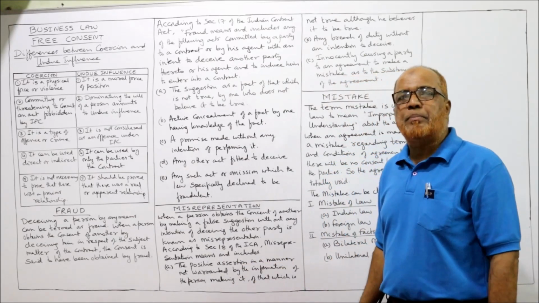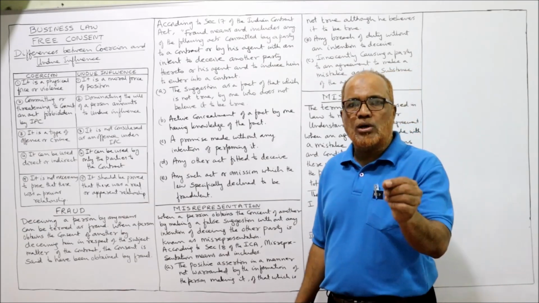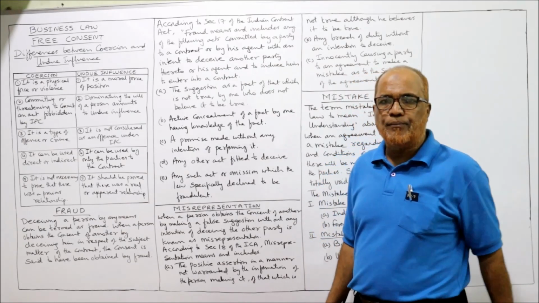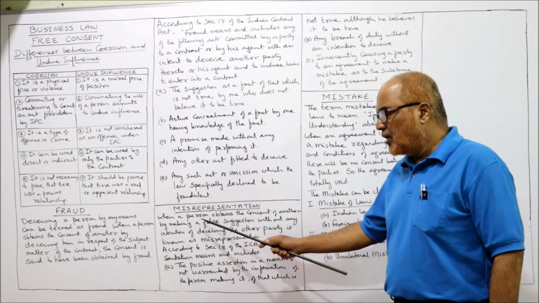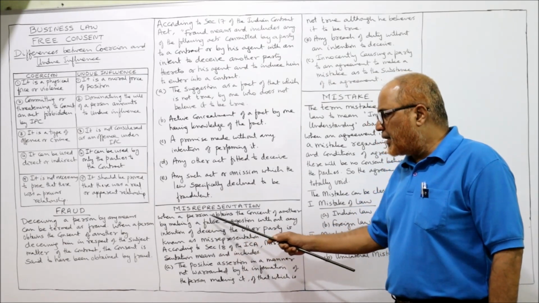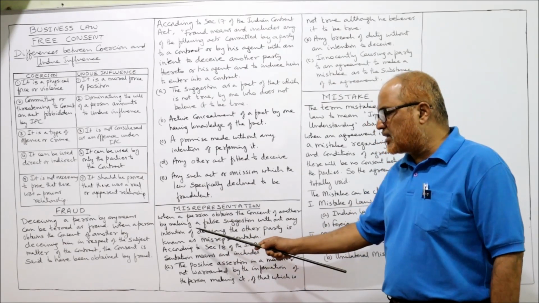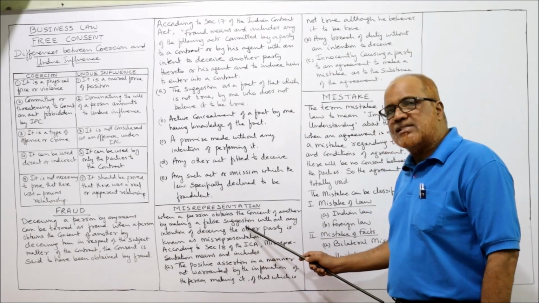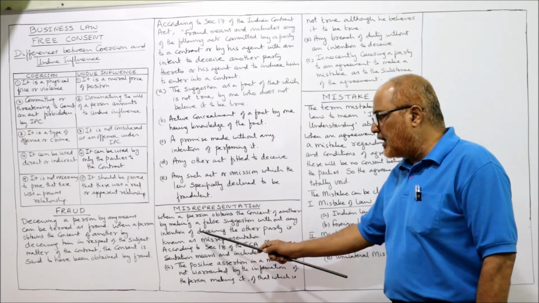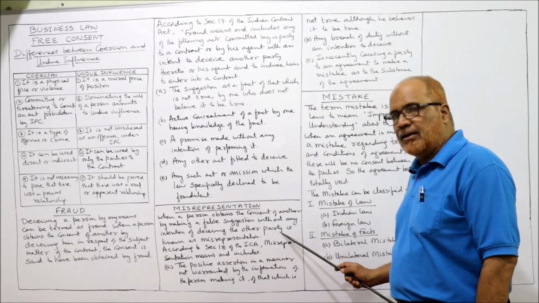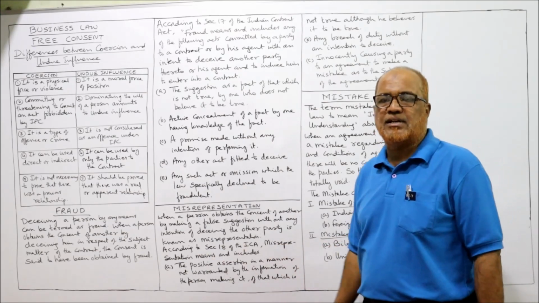Next is misrepresentation. This is also one of the errors which affects free consent. What is misrepresentation? When a person obtains the consent of another person by making a false suggestion without any intention of deceiving the other party, it is known as misrepresentation.